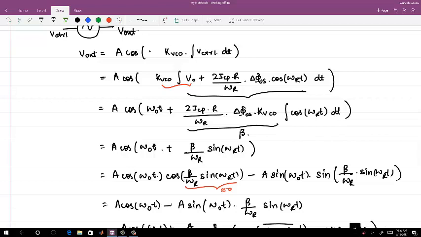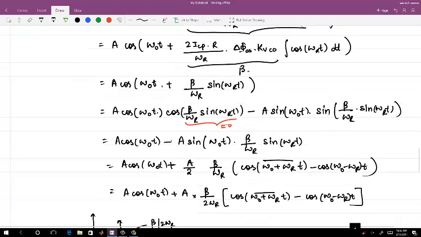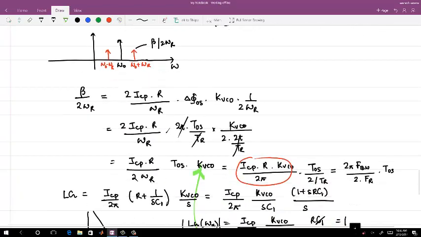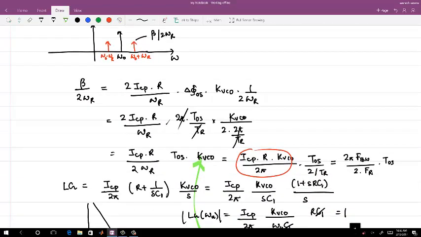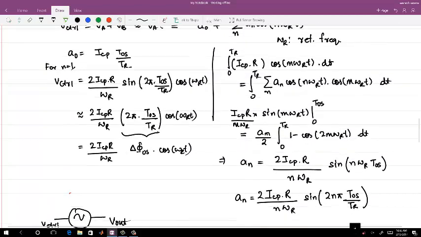We took the entire term as beta by omega r because of the integral of cos omega rt. Oh, I didn't divide by omega r. So okay, let me get it. No, there is this 2 omega r, right? Okay, let's see that. I think there's something.